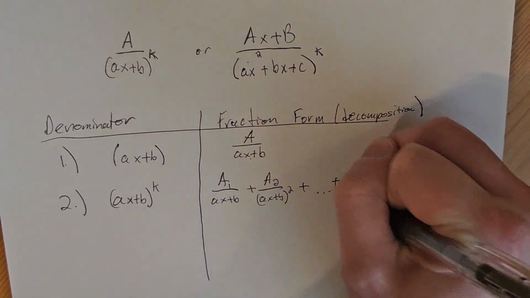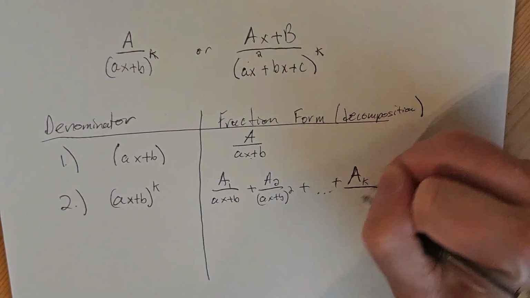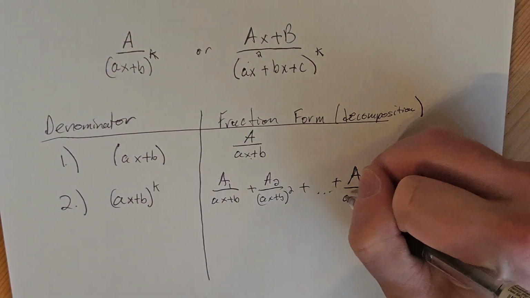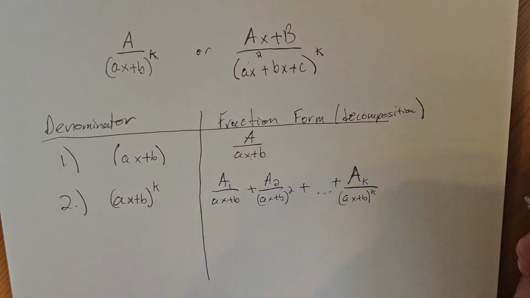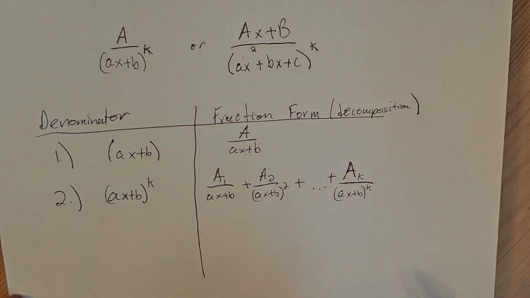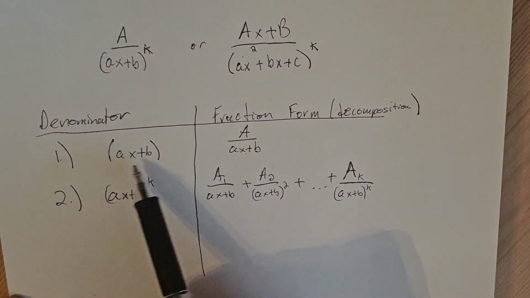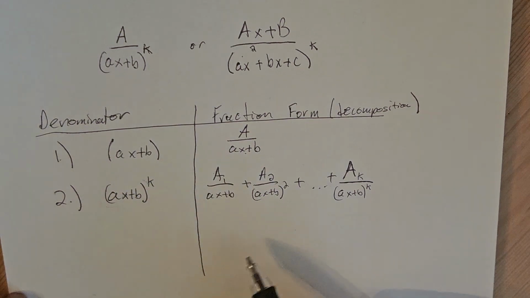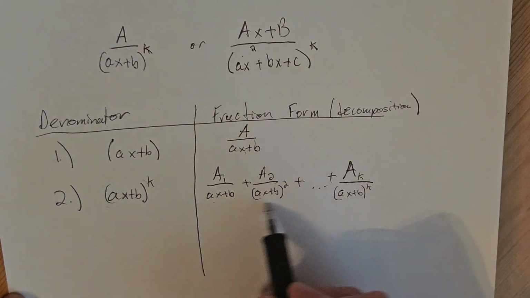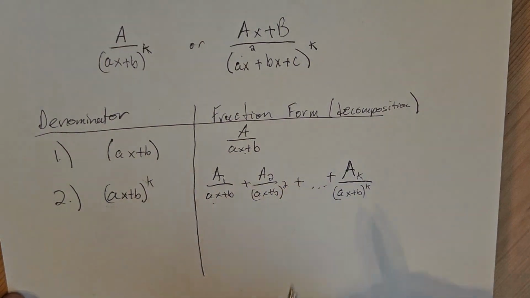And we do that until we get to ax plus b to the kth power. It turns out that a polynomial over something like this will decompose into a sum that looks like this over here on the right.